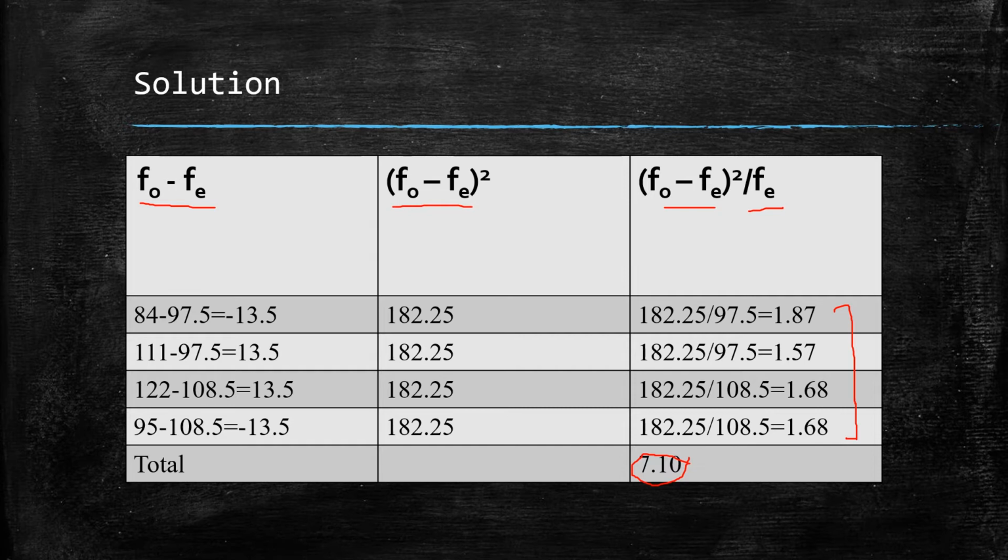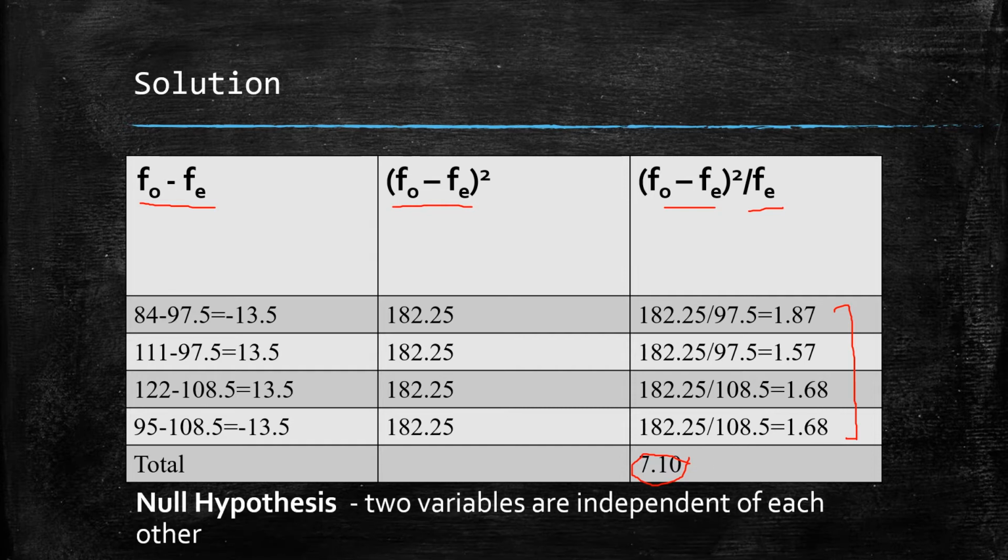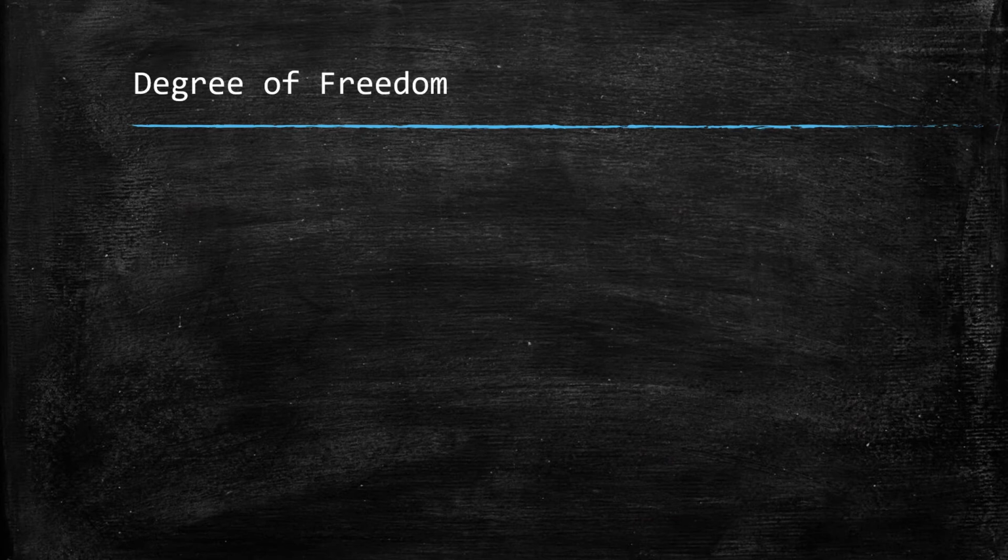Now, how do we interpret this value? Here, the null hypothesis is that the two variables, the marital status and the intelligence level, are independent of each other. And the alternative hypothesis will be that the two variables are dependent on each other. Now we will calculate the degree of freedom.